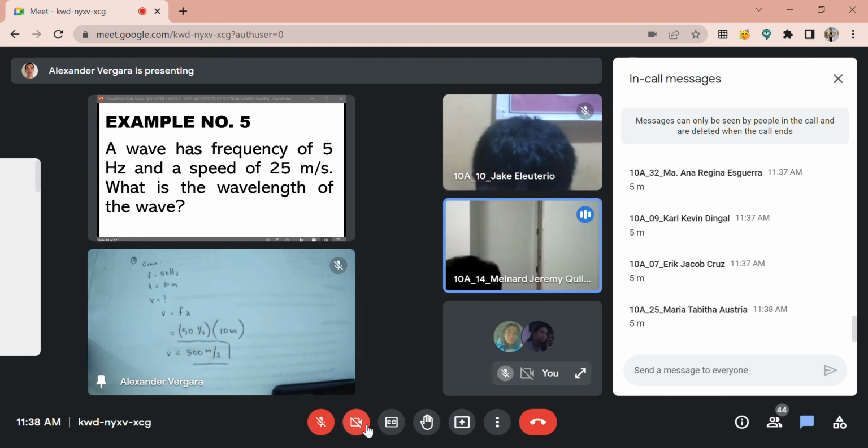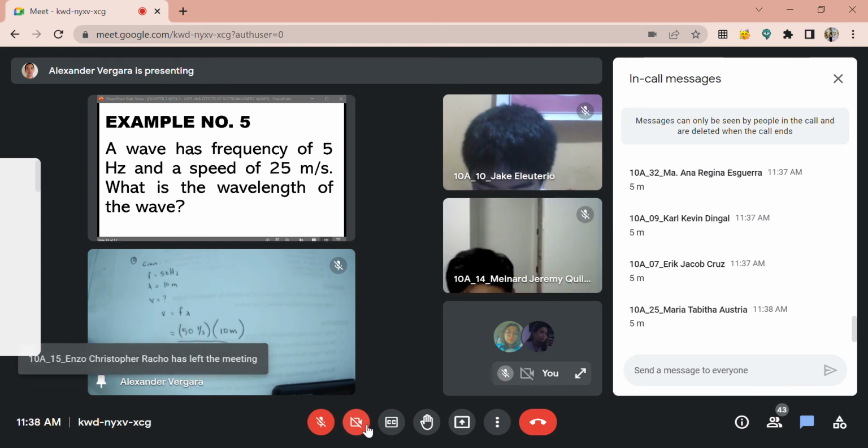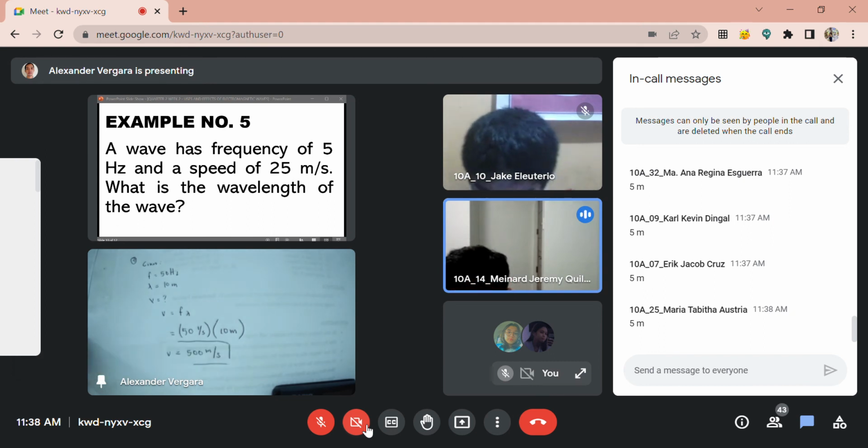With the velocity over frequency, I divided the velocity by the frequency. 25 divided by 5, it will be 5 meters.